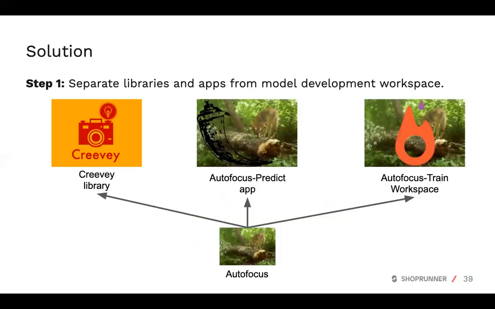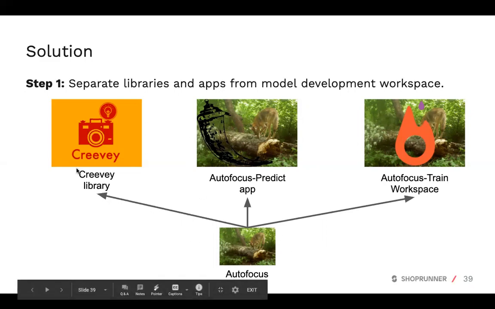So one step towards solving this problem is to localize it by separating libraries from apps from your workspace where you're developing your models. For autofocus, for instance, the creevey library actually grew out of autofocus.